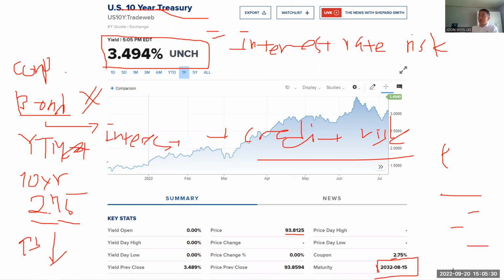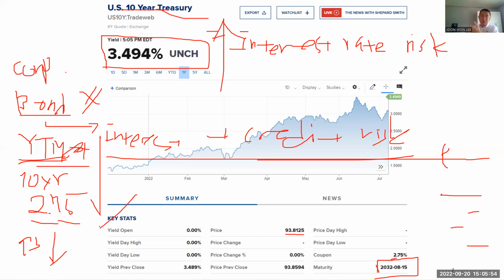These risks are in the end reflected in the yield to maturity of the corporate bond. That's why the relation. So as the market interest rate is getting higher, and the coupon rate is the same, the price of the corporate bond would be getting lower. That's the relationship between market interest rate and the price of bonds.